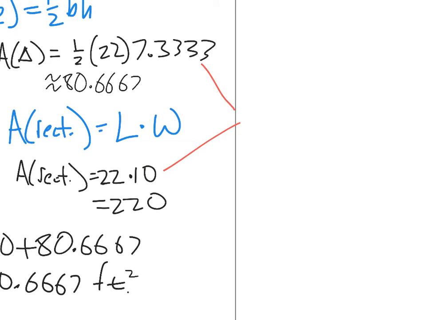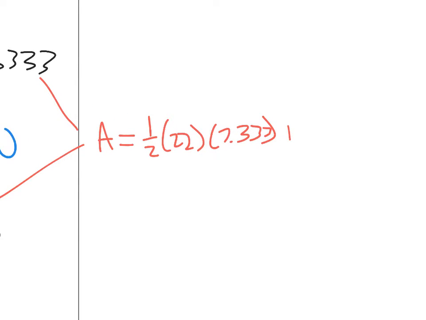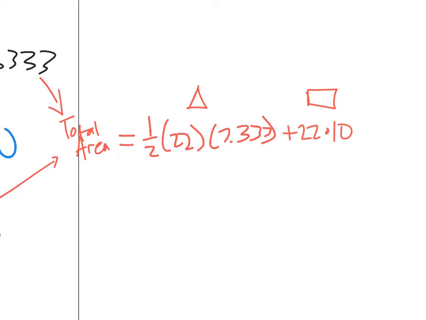So we have area equals, we have the triangle, 1/2 times 22 times 7.333, throw another one in there, plus the rectangle, plus 22 times 10. So that includes the triangle and the rectangle part. So this area formula is the total area, and so let's make this total area. So we have one formula for the total area.